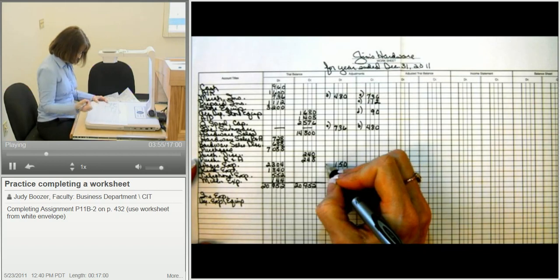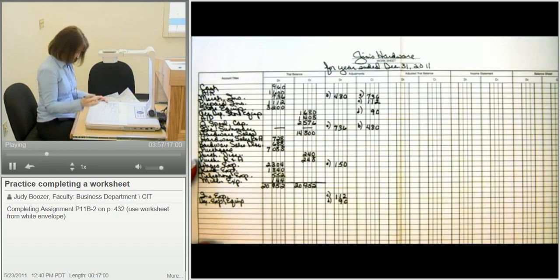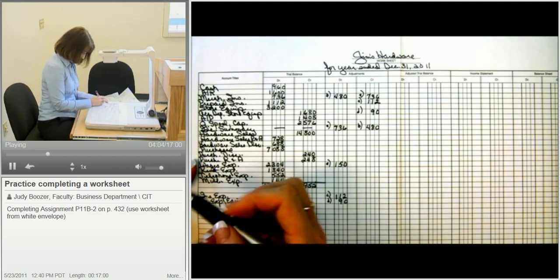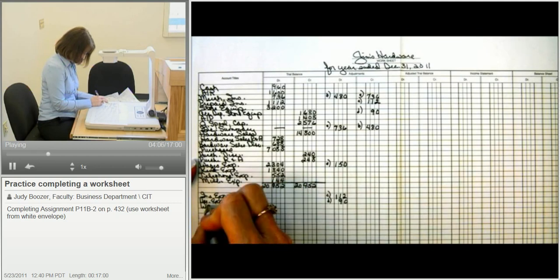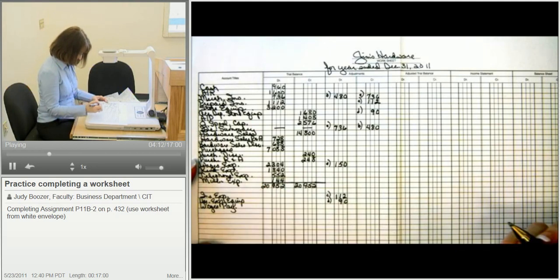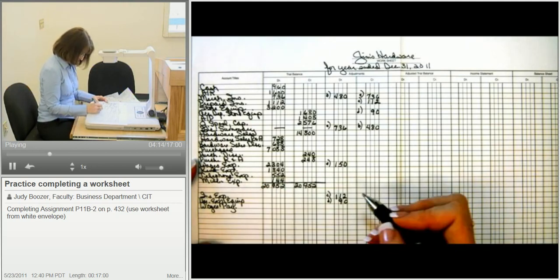And what would be the credit? Good. Do we have a wages payable up here? So we're going to add it to the bottom. And the amount is the same, 150.